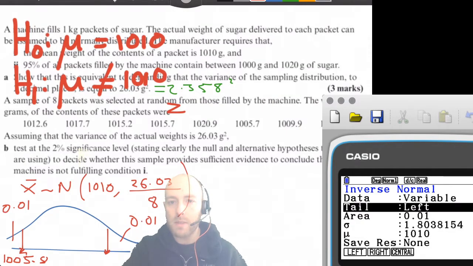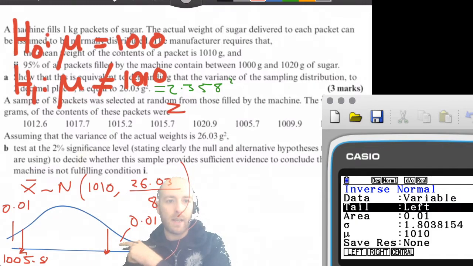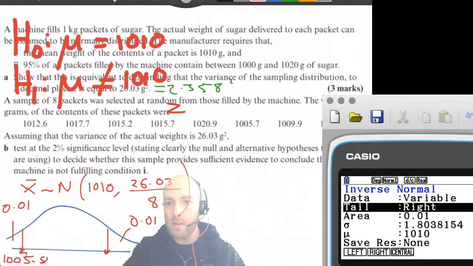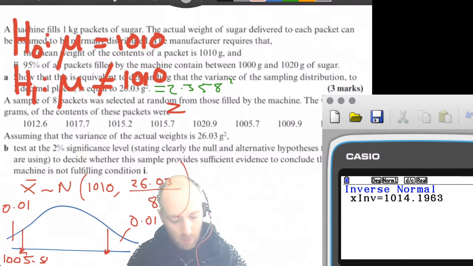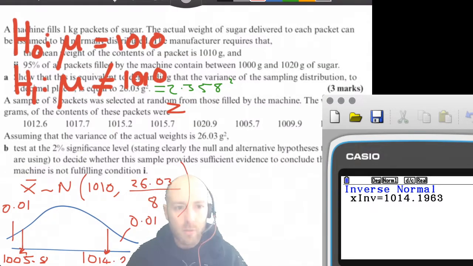If you're on the class quiz, you're going to have to do less than, and it's going to need to be 0.99, because you have to do everything less than this value here. Whereas we can on the graphical just do greater than. So we're going to change the tail to right-sided tail. Hit equals, and we get 1014.2. You can just about see it down there.